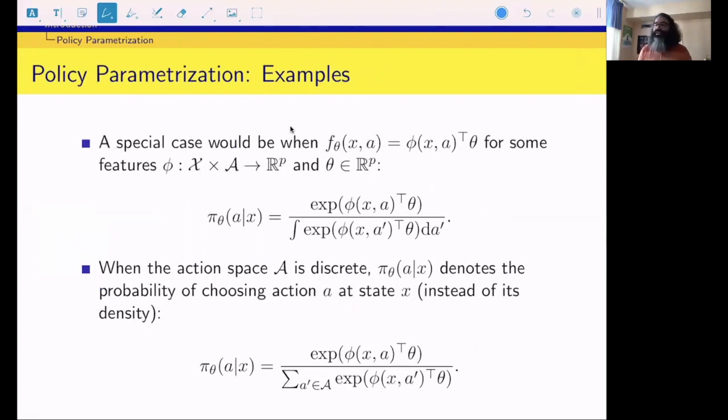A special case would be when we use a linear function approximator to represent f of theta.